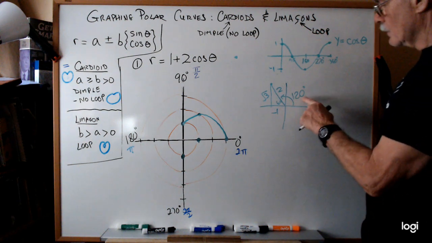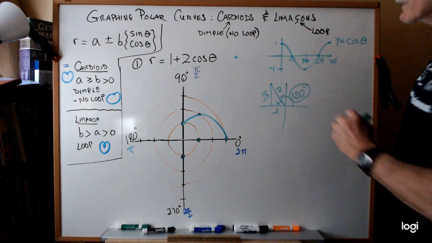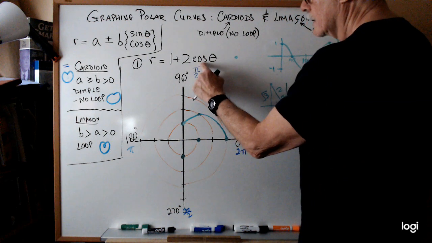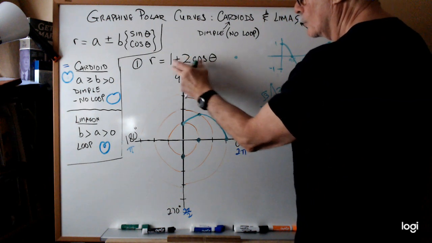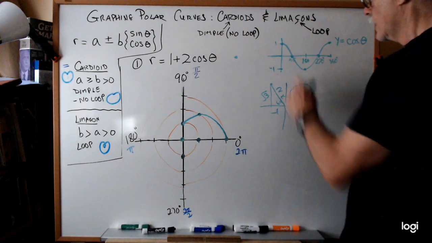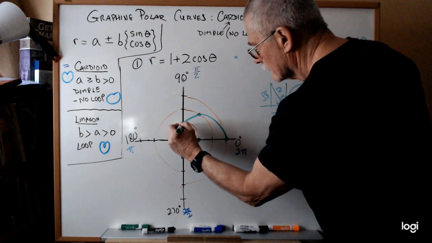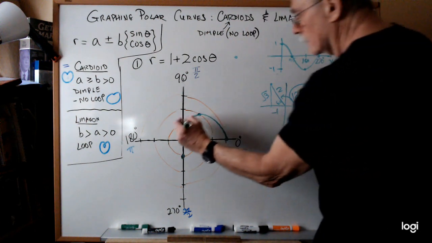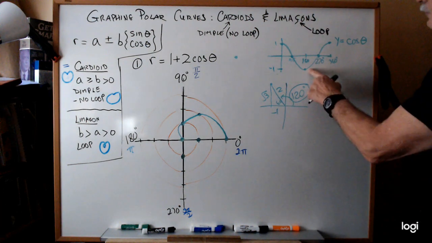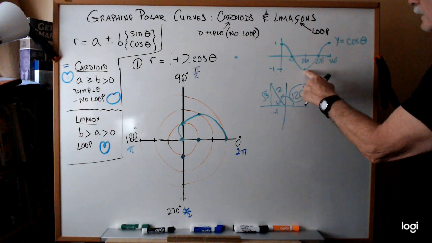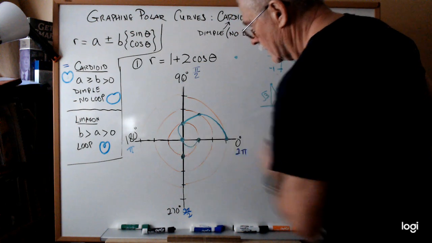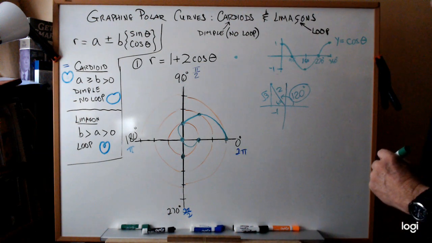I'm picking out this angle because something interesting happens at that point. When I get negative a half here, this becomes a negative 1. 1 and negative 1 is 0. So at 120 degrees, the curve is there. And since it's decreasing, it's going to look like this. And then it's also negative here, it's a negative 1, and it grows. So the curve is going to come in like this.